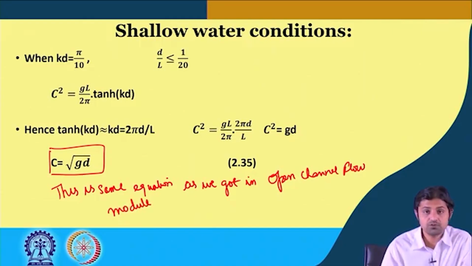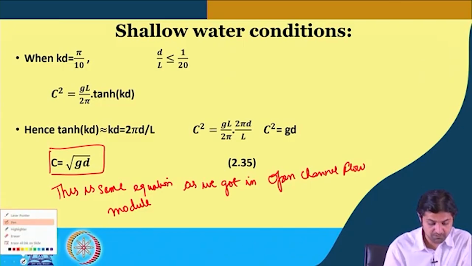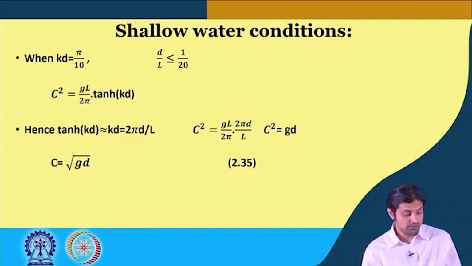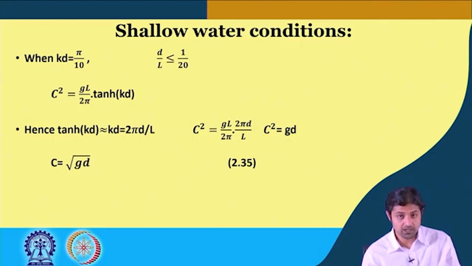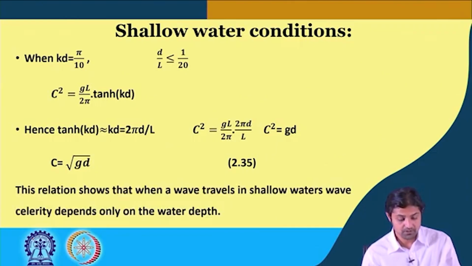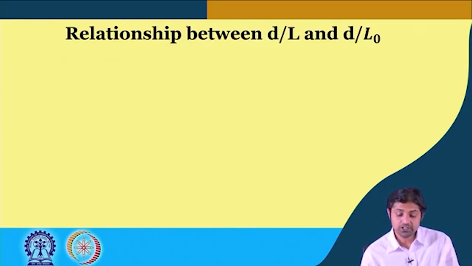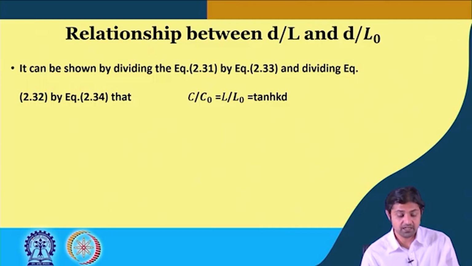Remember, we got c is equal to under root gd by applying the principles of continuity, momentum and energy balance. Okay, so in shallow waters, wave speed is under root gd, where d is the depth of the water. So, as I said, this relationship shows that when a wave travels in shallow water, wave celerity depends only on the water depth.